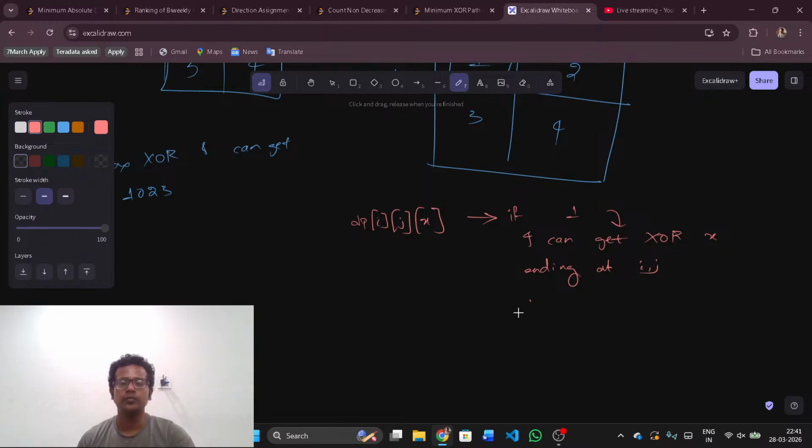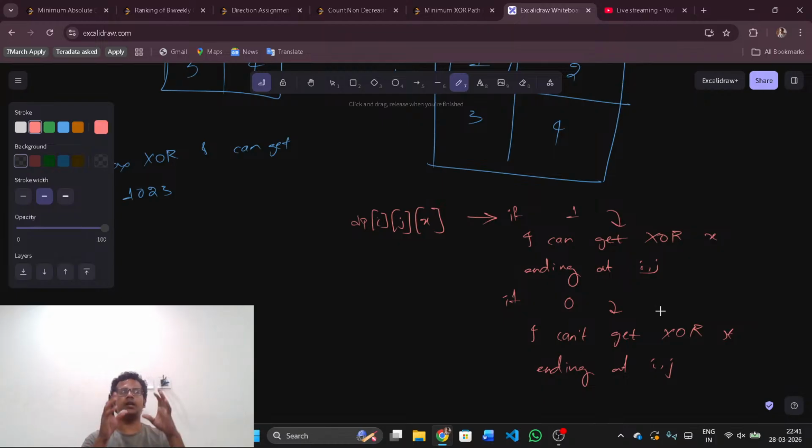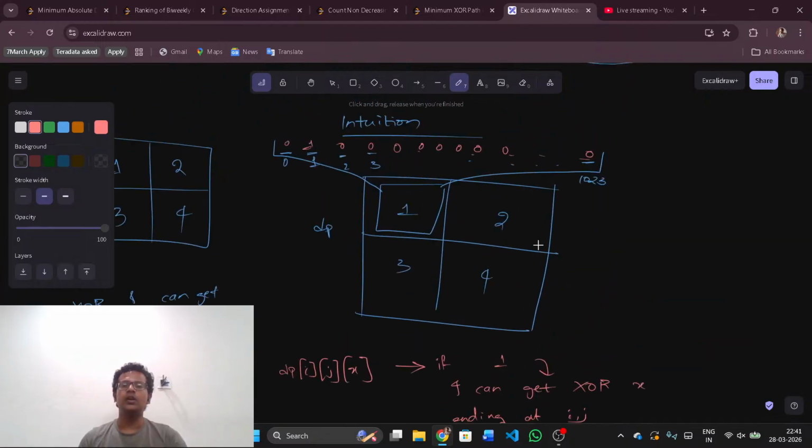If it is 0, I cannot get XOR x ending at i comma j. By taking all those values, I cannot get that x value ending at i comma j. That's what it is.